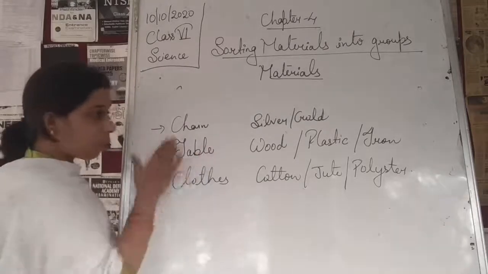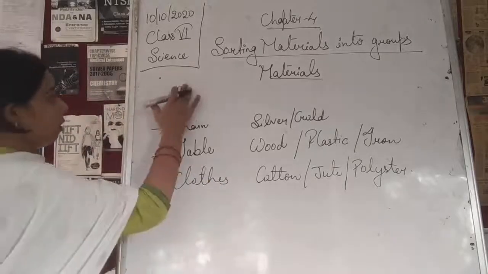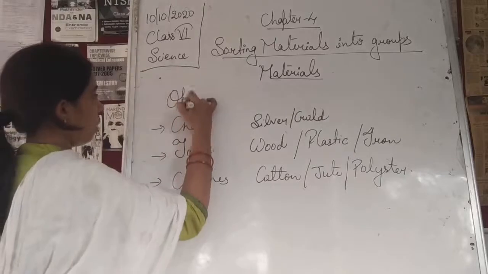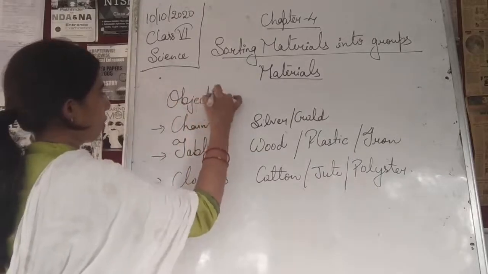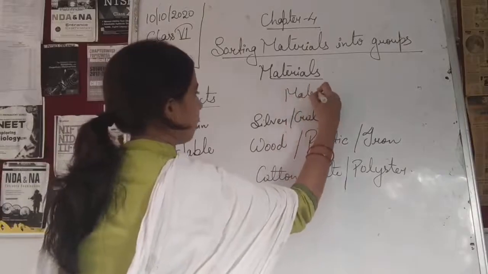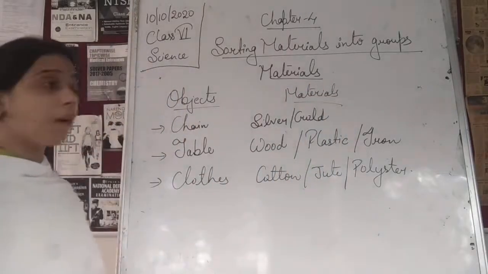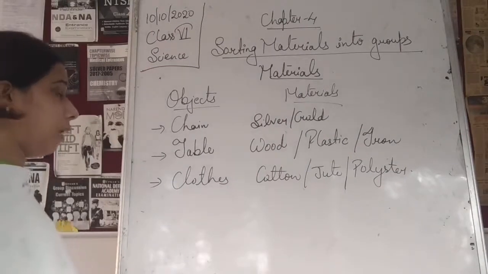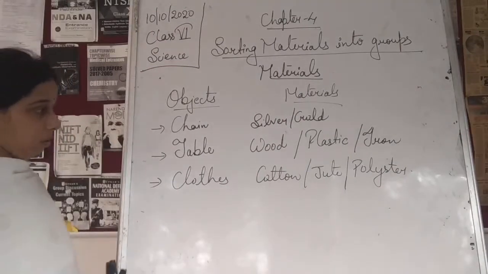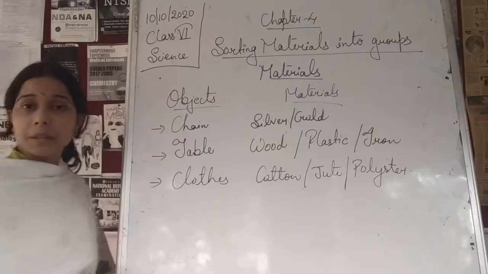Okay, so these are what? These are the objects and these are the materials. So this object is made up of all these different kinds of materials. Now you see, students, there is only one object, right?